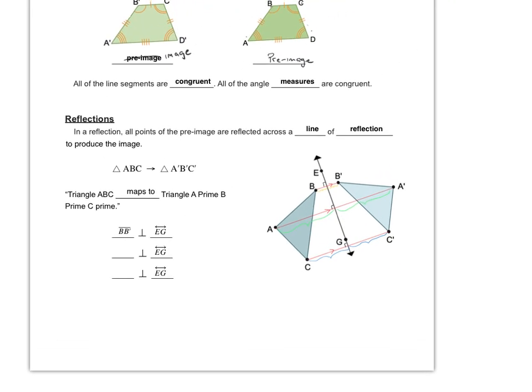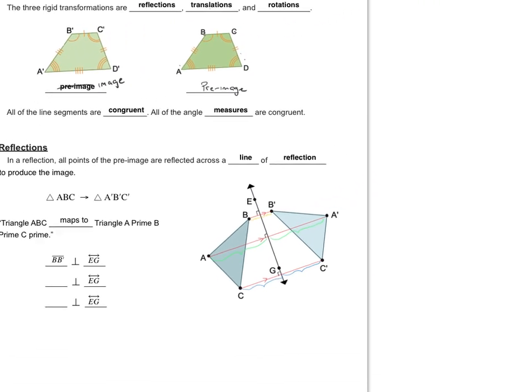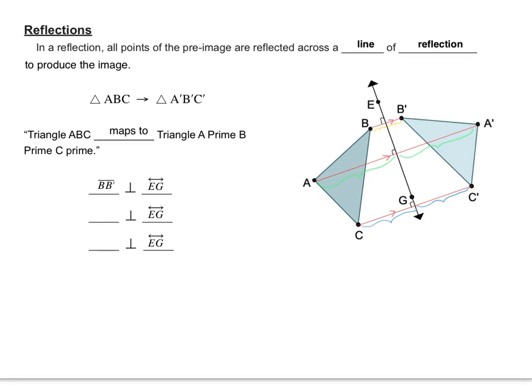So looking here, I know that B and B prime is perpendicular to EG. So then also I have segment A and A prime, and segment C and C prime. Those are all going to be perpendicular to my line of reflection.